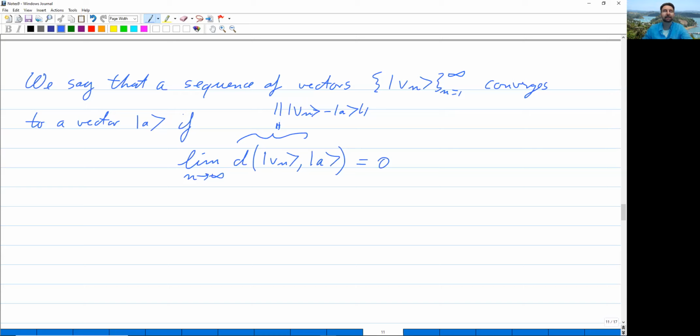You measure: is the electron in a big box? Is the electron in a smaller box? Is it in an even smaller box? And so on. That would be one way of arriving at a sequence here. So now we have the notion of convergence of a sequence of vectors.